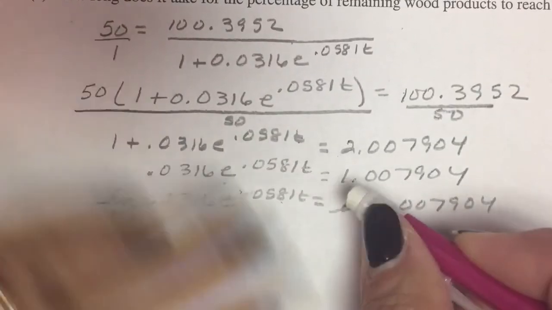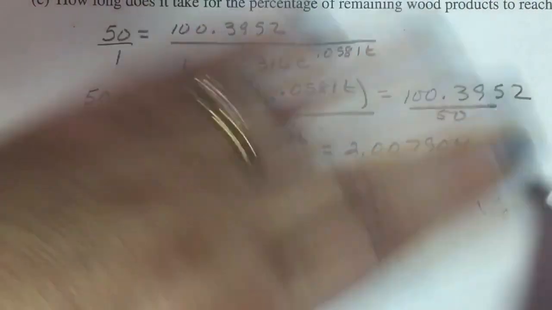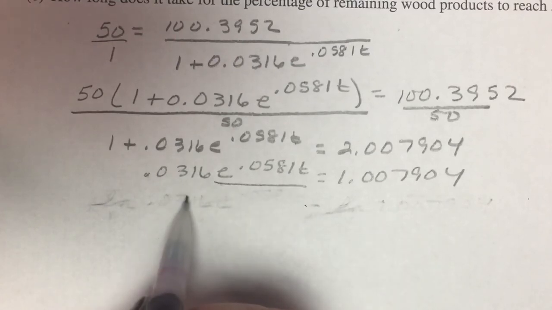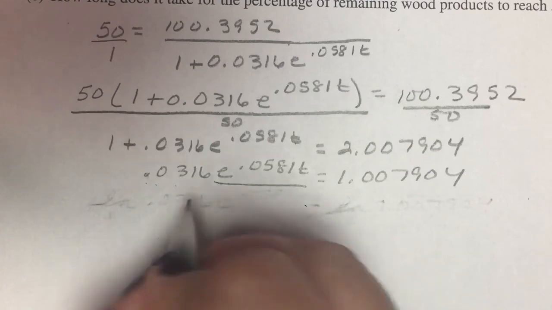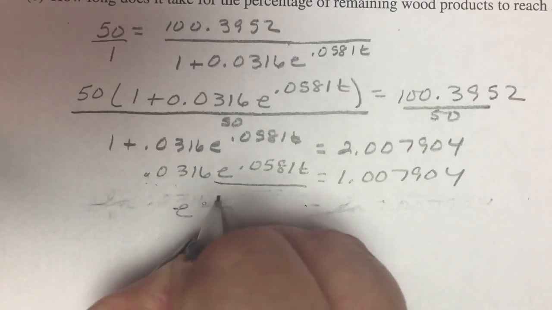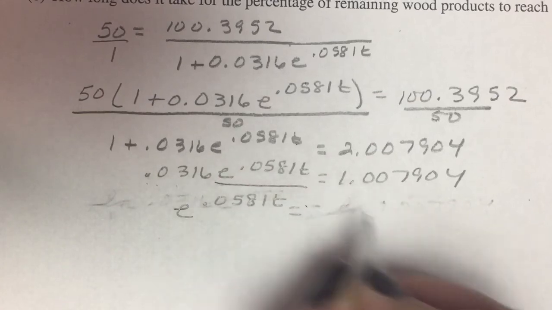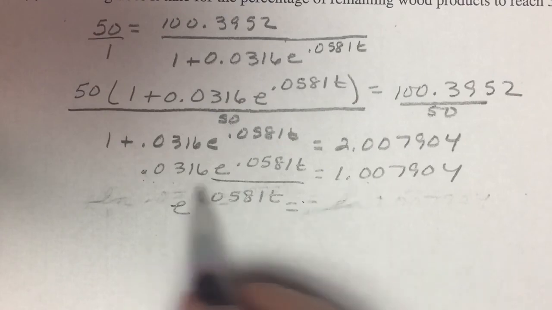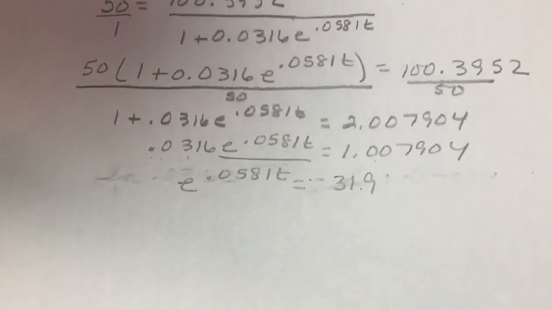We need to do one other thing. You guys probably saw this. I just got lost in my math here. My apologies. We need to get this thing alone. So we have to go back and we have to divide both sides by 0.0316. That's going to give me e to the 0.0581 t is equal to, and when I divide this 1.007904 by this number, I get about 31.9. Sorry about that.